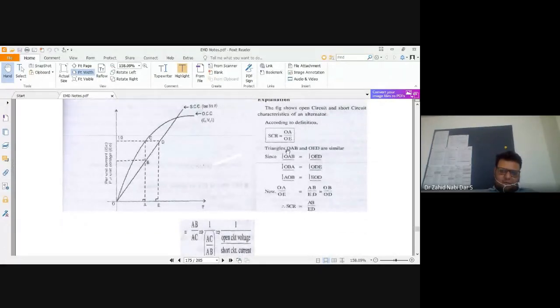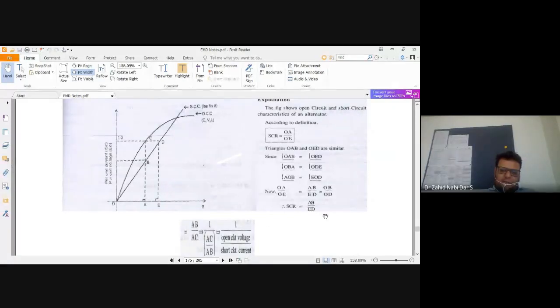Now the short circuit ratio you can write from here only. Earlier it was OA by OE. Now how can you write OA by OE? You can write OA by OE in terms of AB by ED. Now ED is parallel to AC, so instead of ED you replace it by AC.